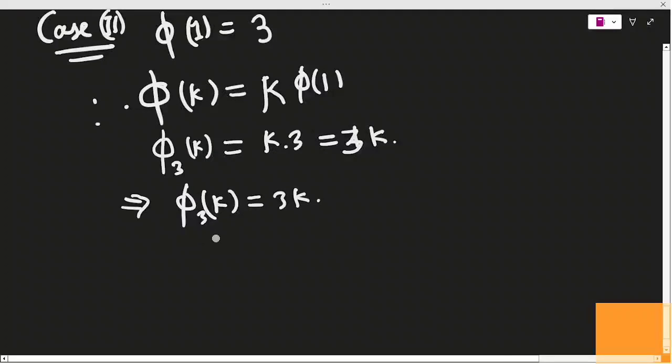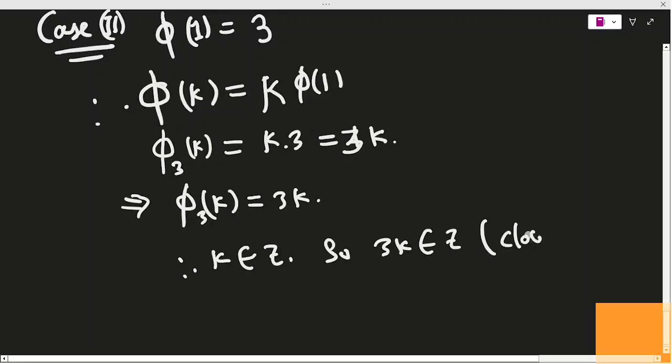For being an automorphism, this is from the group Z10 to Z10. Since k belongs to Z10, k plus k plus k, which is equal to thrice k, also belongs to Z10. Because of the closure property of a group.